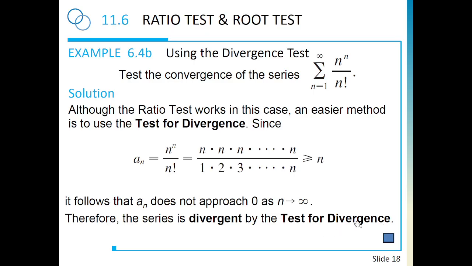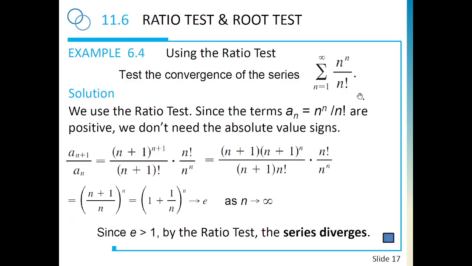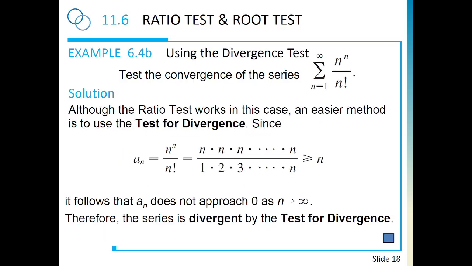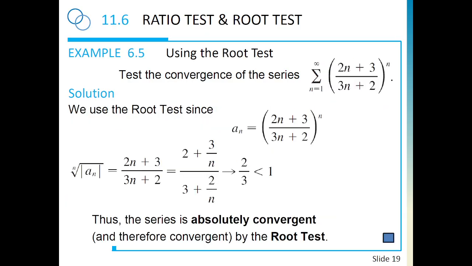So you see, the test for divergence is very simple, elementary, and in this situation solves our problem in 2-3 steps. While the ratio test is very powerful, here it will require additional work, and we need to do that work properly. So it is important to realize, yes, these tests are very powerful, but that doesn't mean that they are always the best test to use.